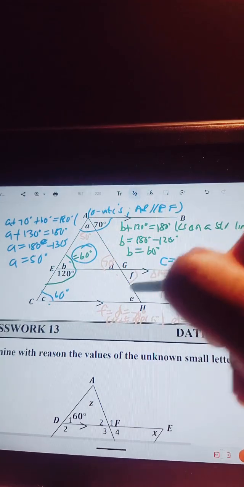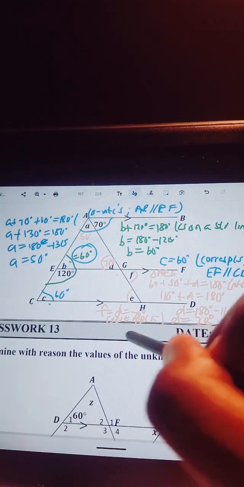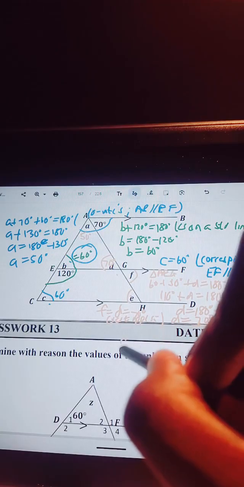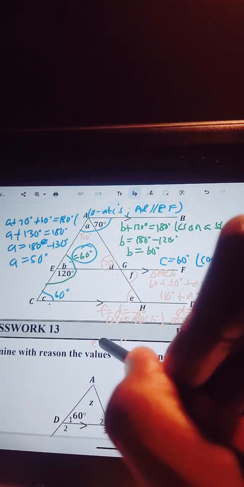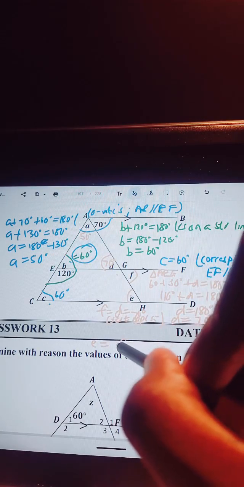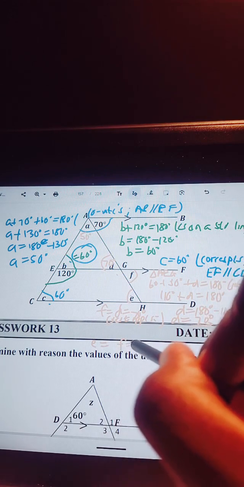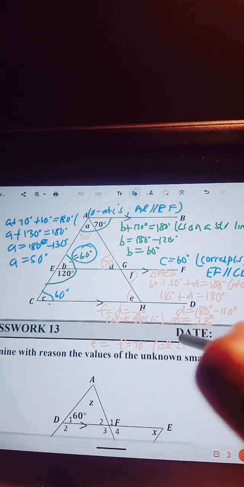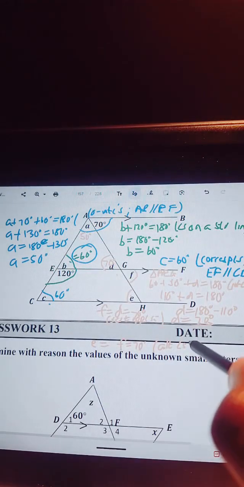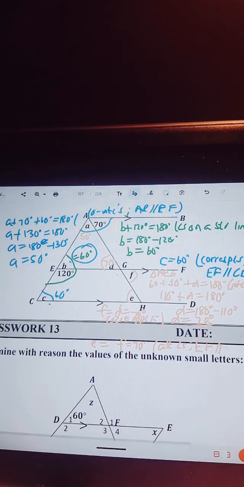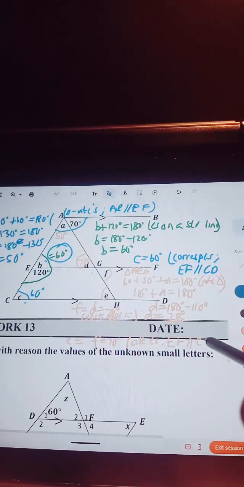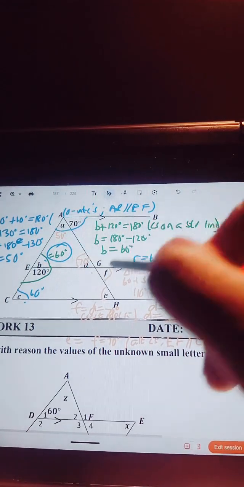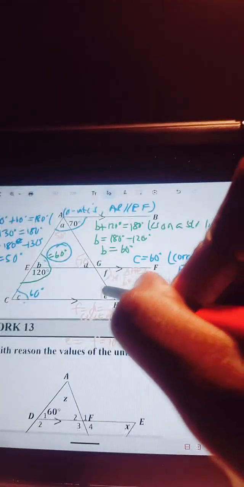And then F and E are alternate angles, so FE is equal to F, which is equal to 70 degrees, alternate angles. And then I state the lines that are parallel: EF is parallel to CD. So that's 70, 70.